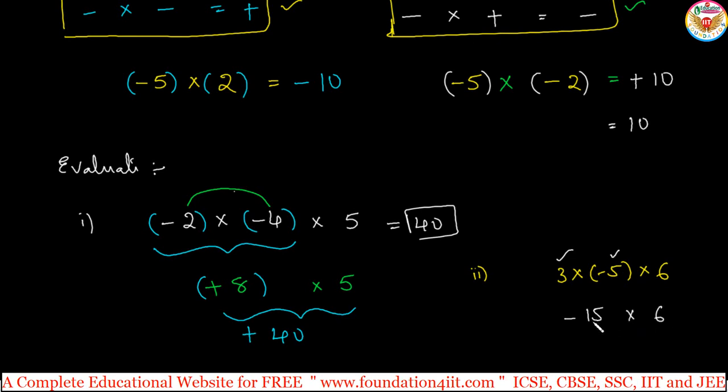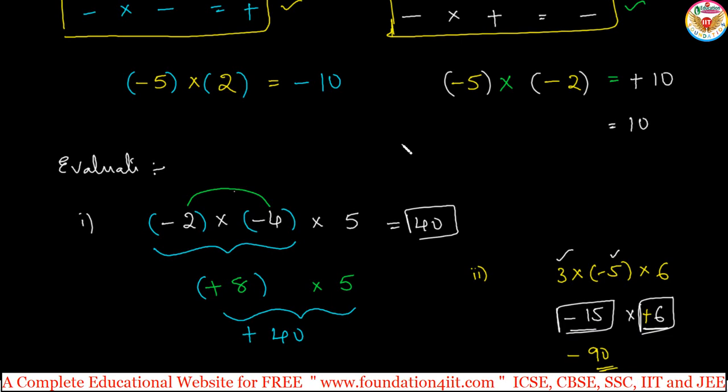Now of the two integers, one is negative and one is positive. Again we can multiply these directly. Negative and positive must be negative. Minus into plus, there is no sign, so it is plus; minus into plus is minus. 15 into 6 is 90. So this is negative 90.